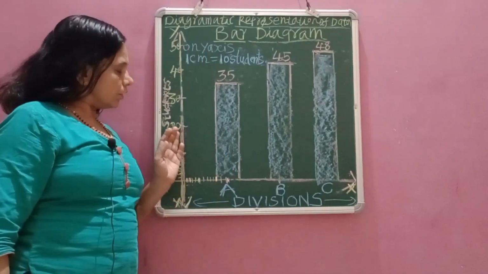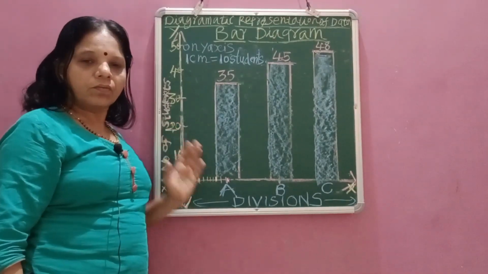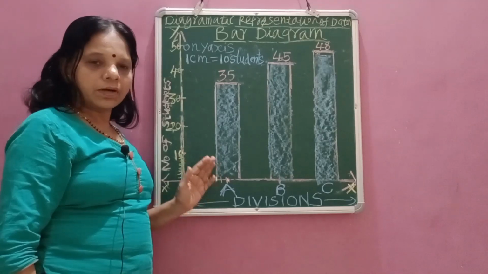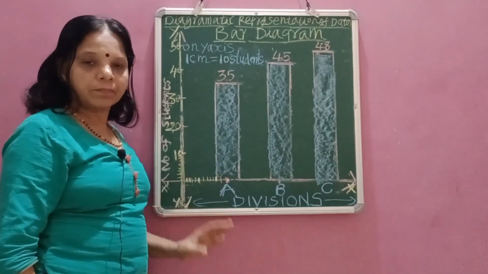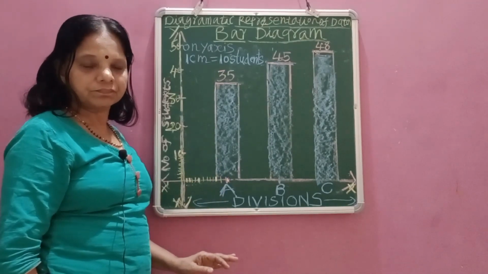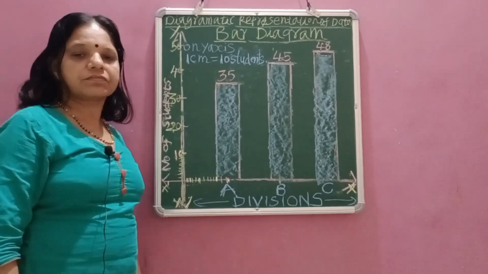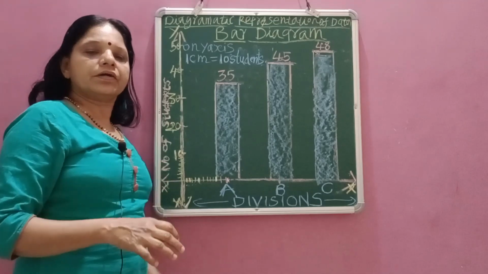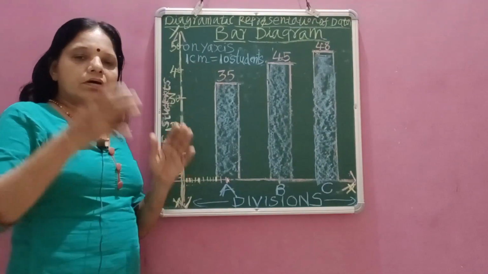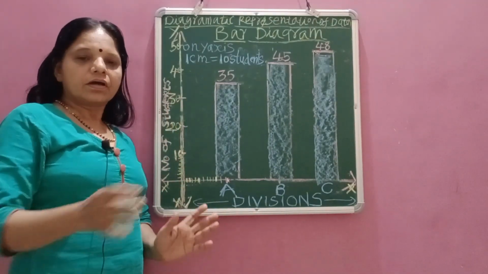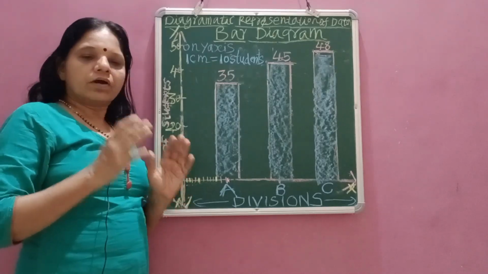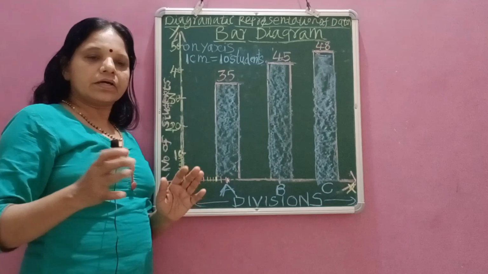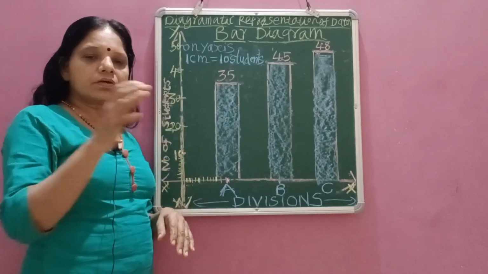So in order to mark more easily, draw the bar diagram on graph paper. Have you seen graph paper? The graph paper is divided into a number of vertical lines, each 1 centimeter apart, as well as horizontal lines.